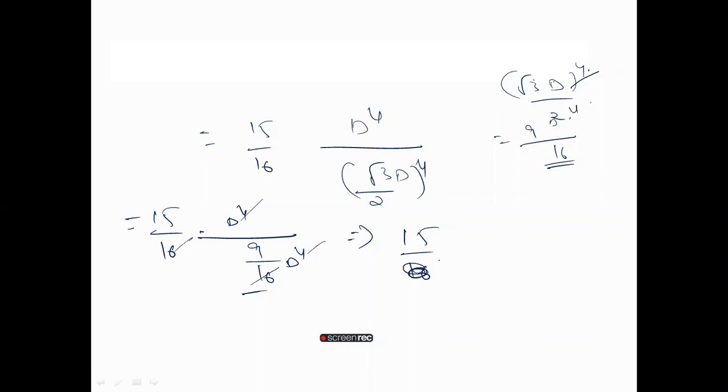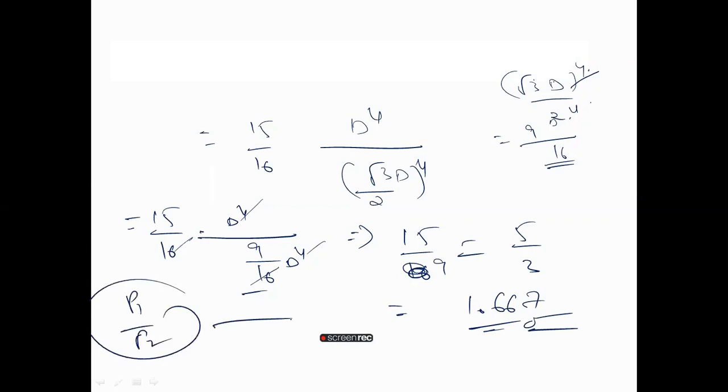So finally we got 15 by 9, which is nothing but 5 by 3. So its value is 1.667. This value is P1 by P2. The final answer is 1.667. It is the buckling load of the hollow column compared to the buckling load of the solid column.